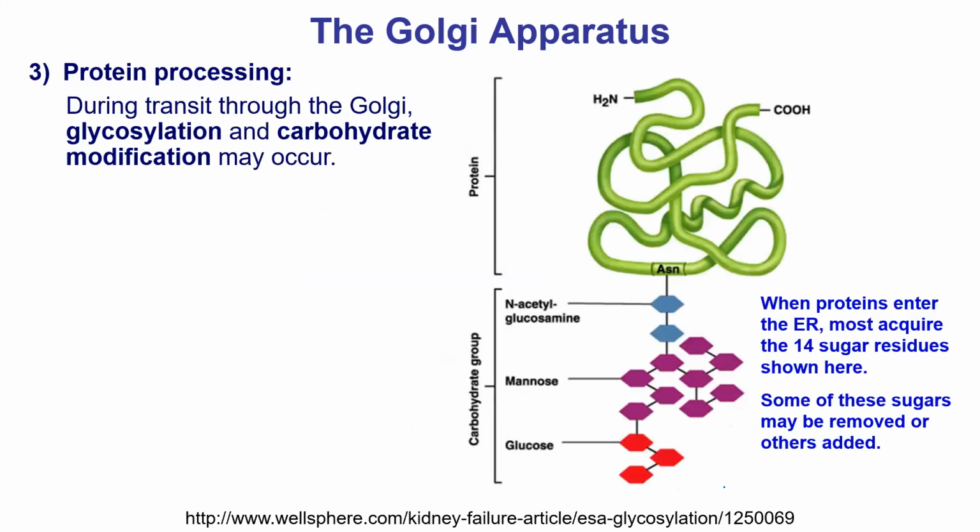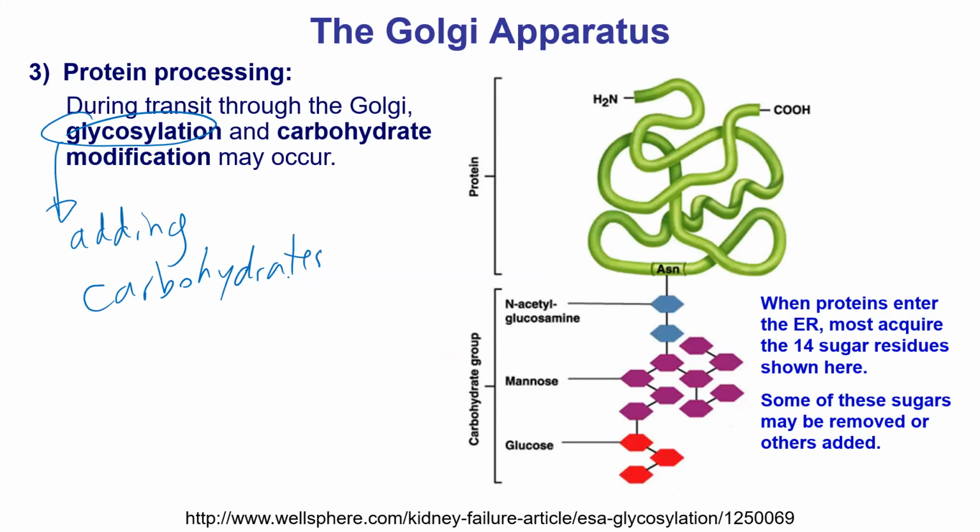One more thing happens in the Golgi, and this is kind of a continuation of what was going on in the rough ER, is that the proteins get processed. And usually that means glycosylation. So remember, glycosylation means adding carbohydrates. Here's an example of a carbohydrate there on the right.